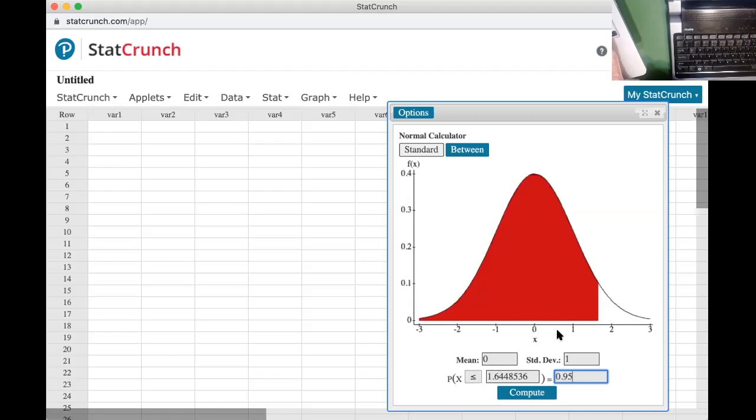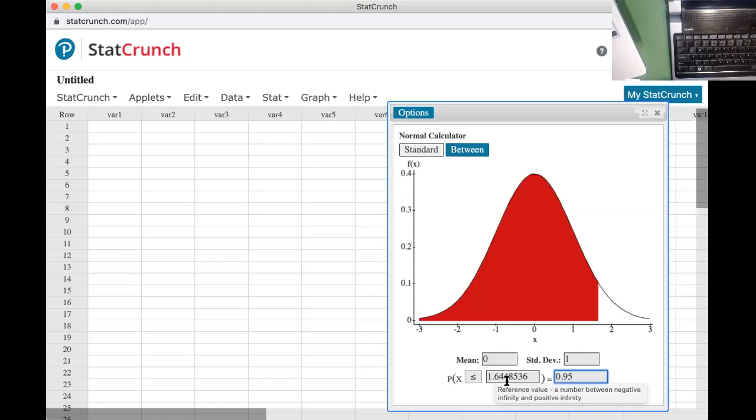If our Z-score exceeds 1.6449, we reject the null, because we're out in this tail.